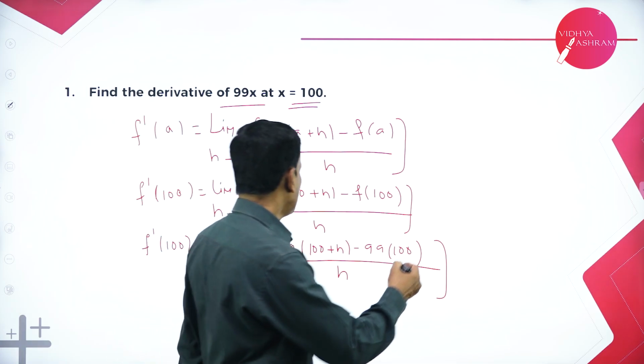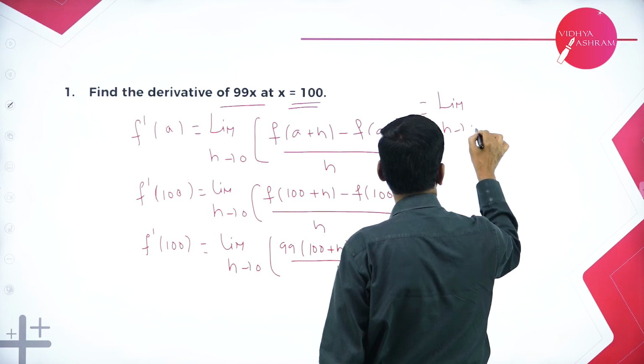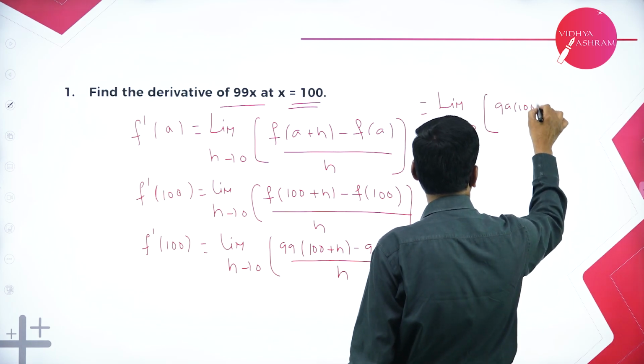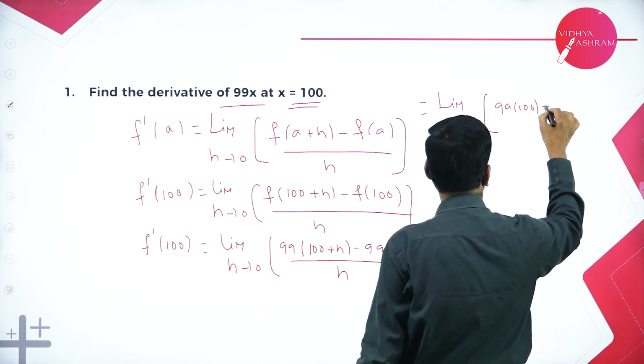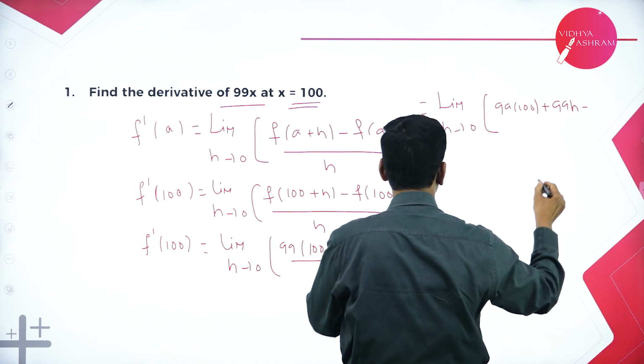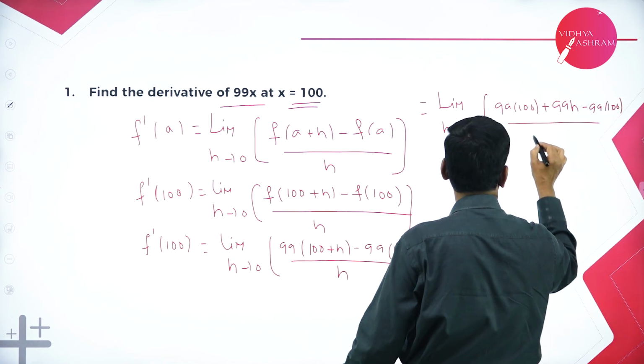Now, if you simplify, what happens? This is equal to limit h tends to 0 of 99 into 100 plus 99 times h minus 99 into 100, whole divided by h.